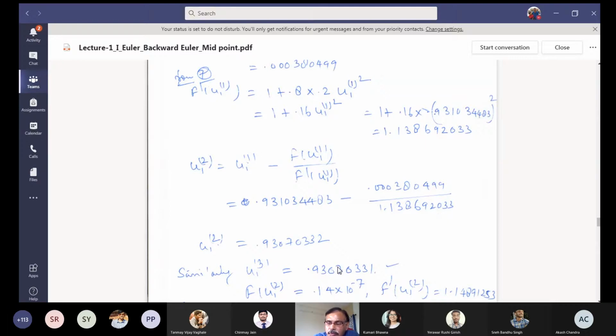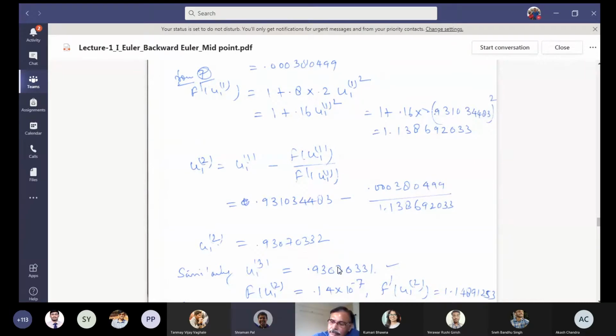U21 is your U20 minus F evaluated at U20 divided by F prime evaluated at U20, right? So what is U20? Because you again require the initial guess for U2.